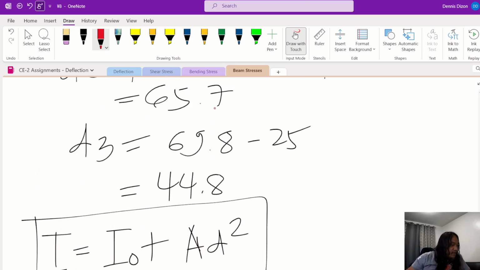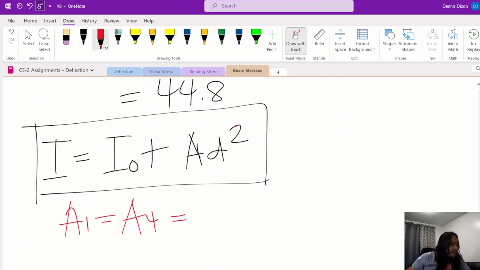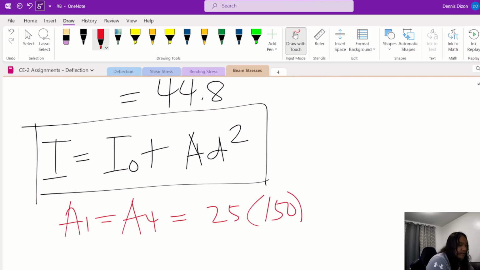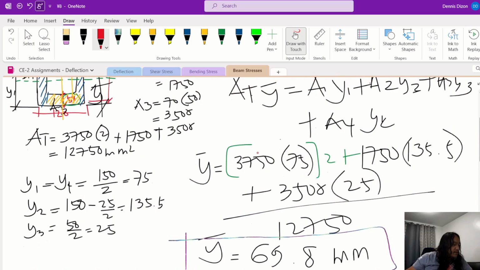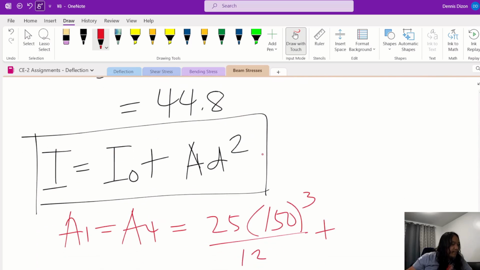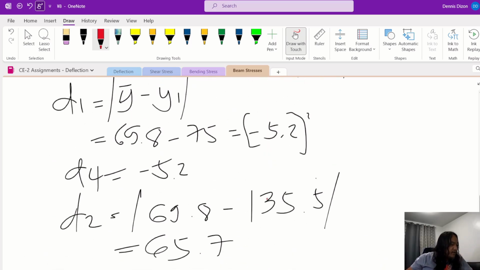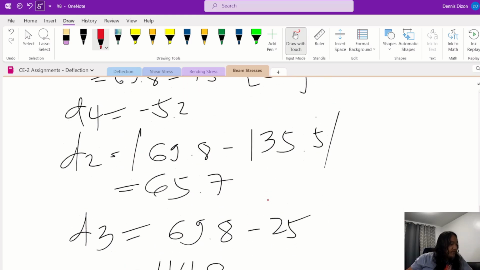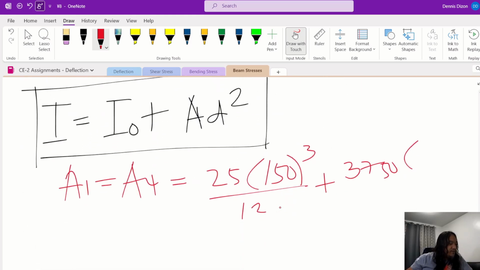So b is 25, so this is 25 times 150 cube over 12, plus area, which is 3750, times d1. D1 is 5.2 squared.